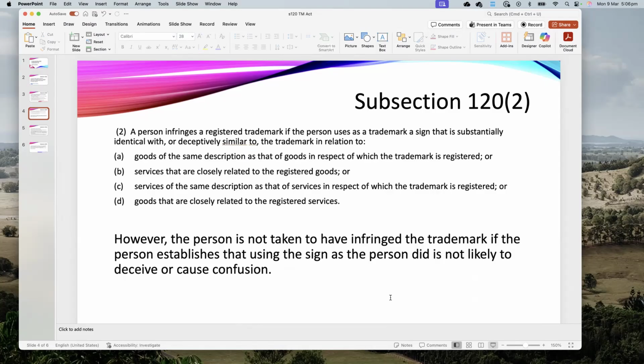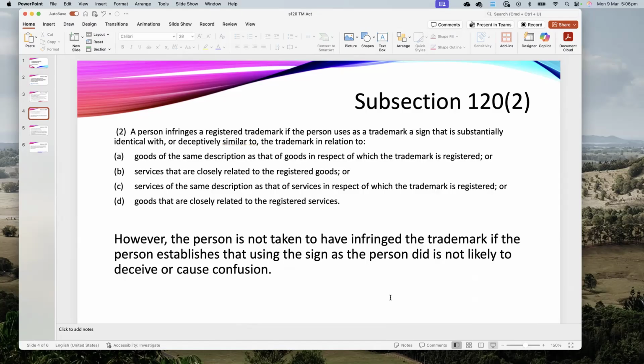So even though the marks might be similar, if they can show that a consumer would not be confused, would not think that one is the other or one is associated with the other, then they have not infringed trademark.